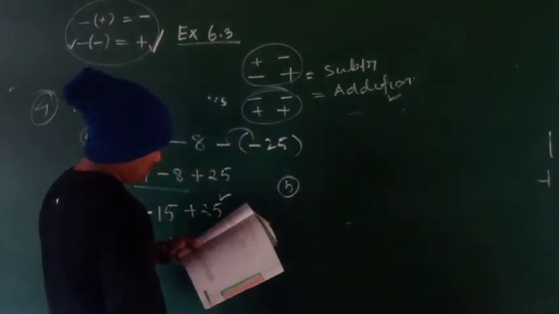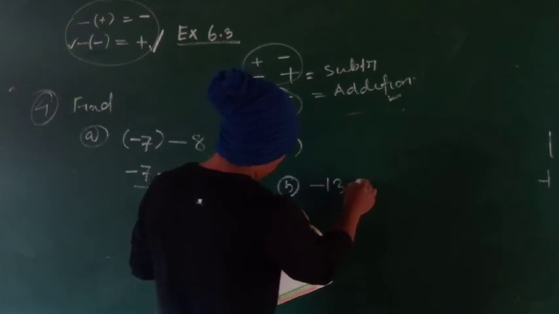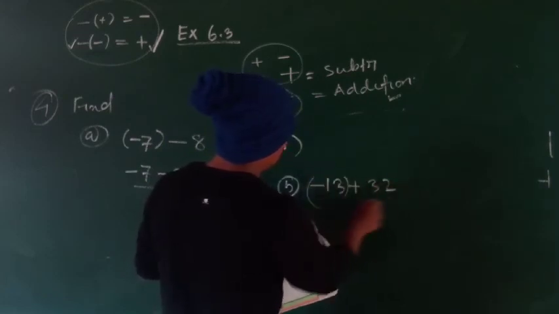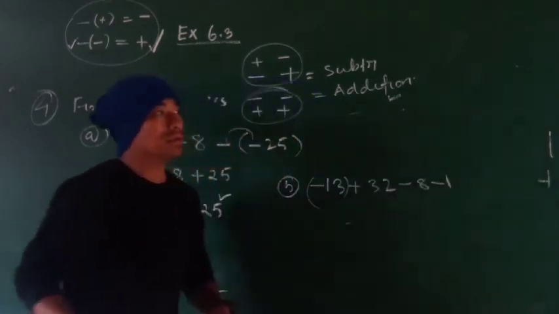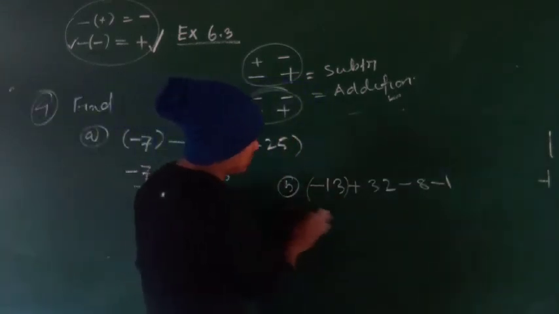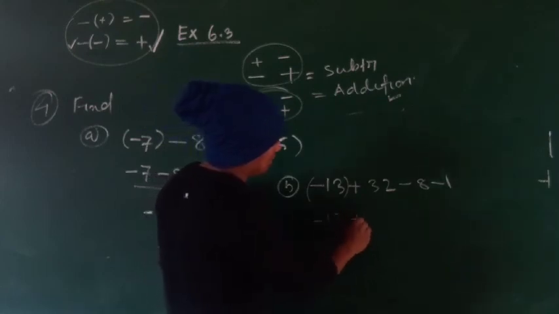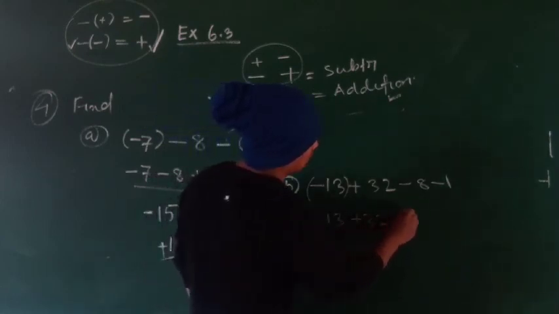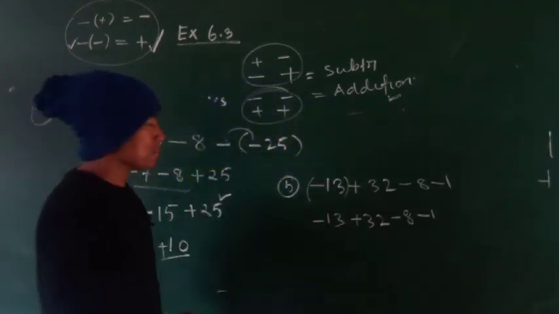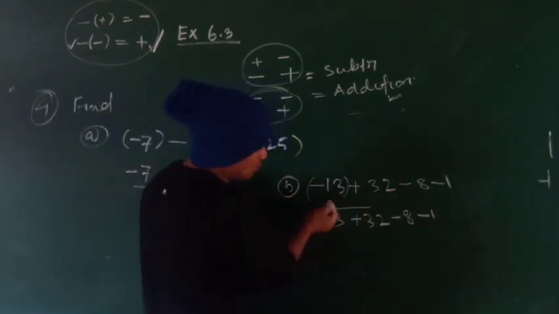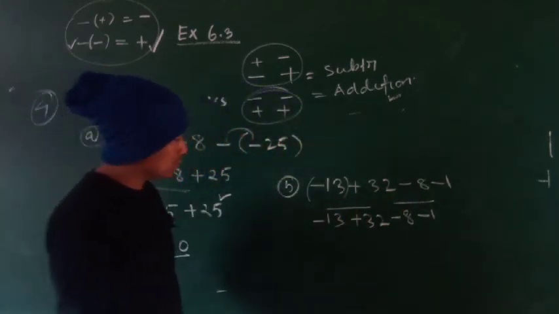I will do one more, the next one, that is 13 plus 32, and this minus 8 minus 1. This is very simple. First you open the bracket: here it will be minus 13 plus 32, and this minus 8 minus 1. After that, keep going on. We will take two in one step.